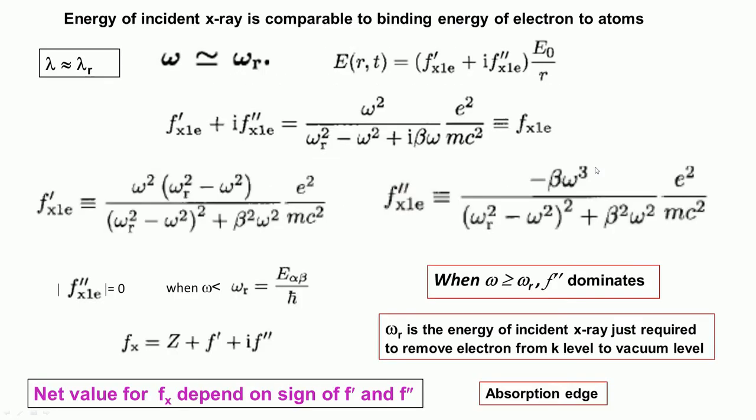And this is what is written here as Fx equals Z plus another factor f dash plus i f double dash, and we know that depending upon whether lambda is slightly greater than lambda r or slightly less than lambda r, the resonant frequency, this term is going to be negative.